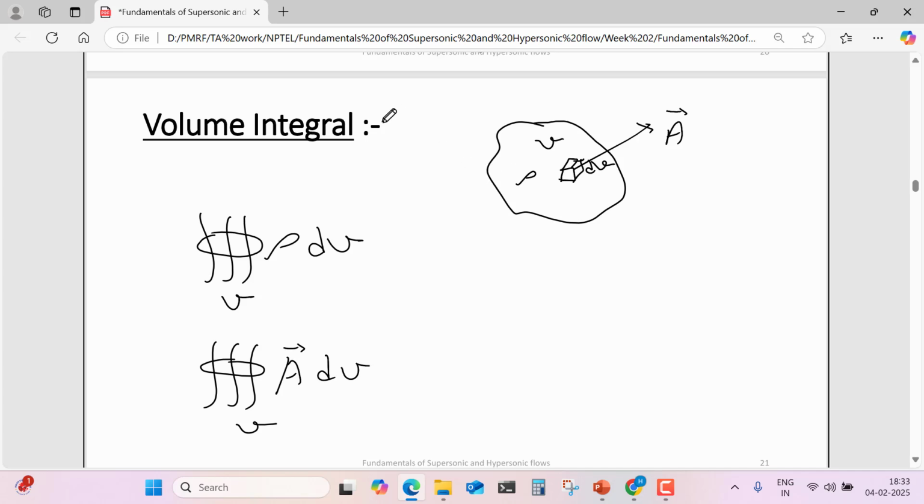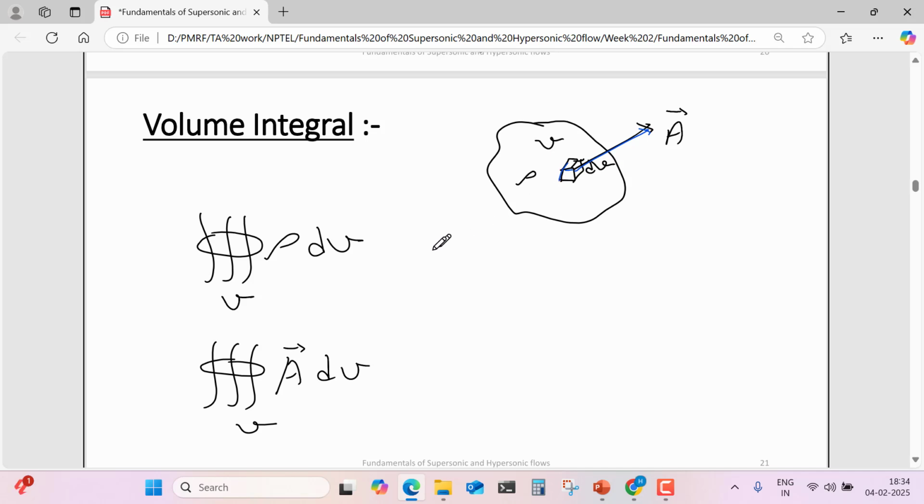Another integral is volume integral. In volume integral, let's say there is one arbitrary volume v and there is a small element whose volume is dv, and there is one vector A and some other scalar quantity rho.